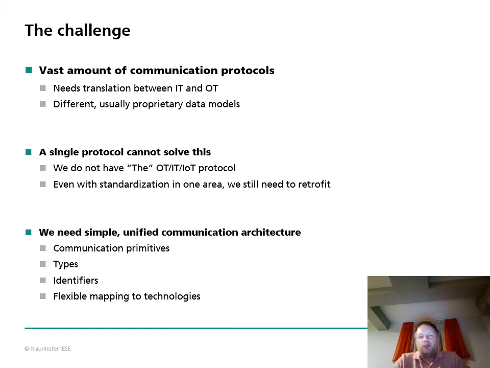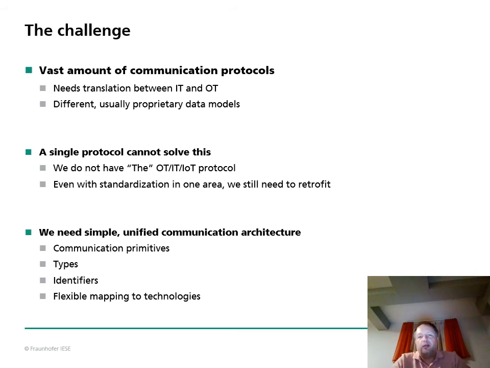So our solution is not a single protocol, but a unified communication architecture that defines communication primitives, a very simple type system, identifiers with a hierarchical namespace, and a flexible mapping of this unified communication architecture to technologies so that we can bridge, for example, OPC UA, HTTP REST, and proprietary field bus networks.